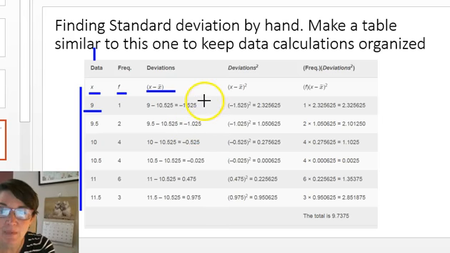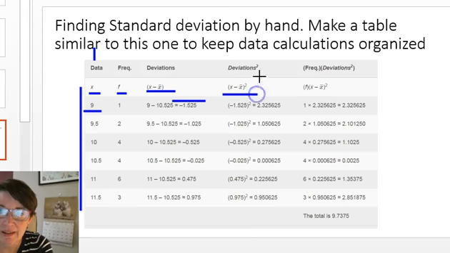In this case, my mean ended up being 1.525 with this particular data set. So I am going to be subtracting that mean from all of my data points. We're going to kind of ignore the frequency right now, but I just wanted you to see that part of the formula. My x's, and then I subtract my means, and then I'm going to square that number, and I get a whole list of them.